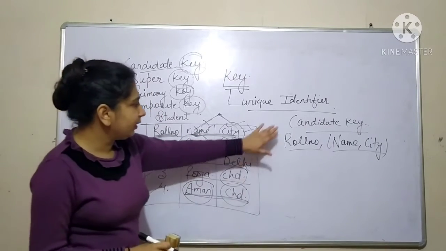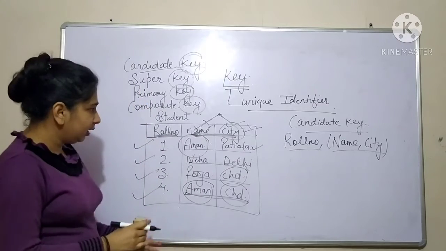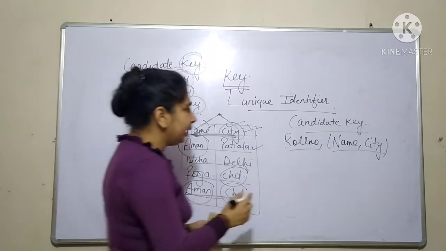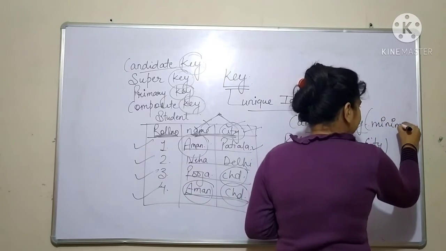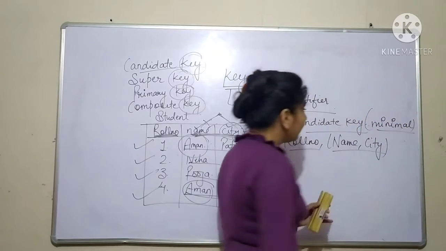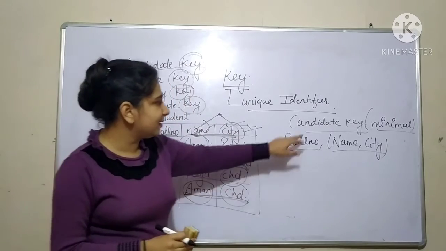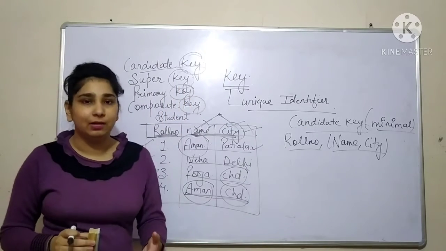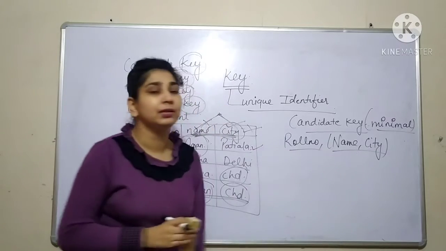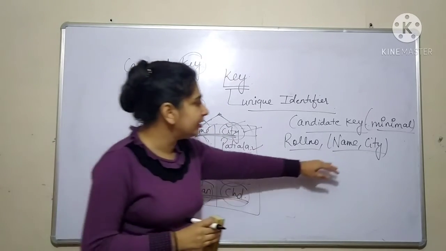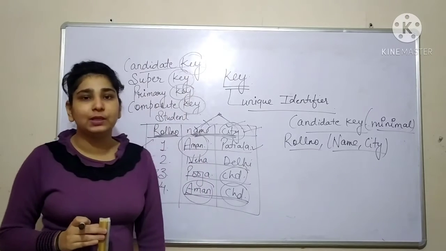So what is the meaning of candidate key? Candidate key is the key which is minimal. Minimal key. Okay. Candidate key is the key which is minimal. Minimal in the sense that you cannot delete any attribute from your key.